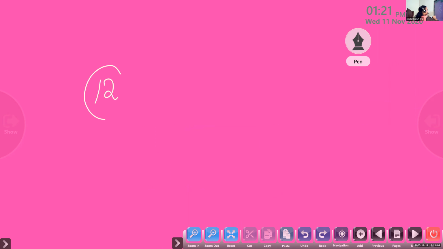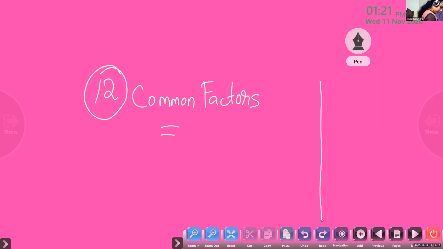To find the common factors, you should know what the factors are. Agnai, tell me the factors of 12. 1 and 12. 2 and 6. Then we have one more, 3 and 4.